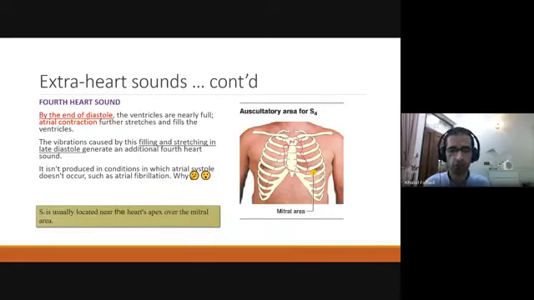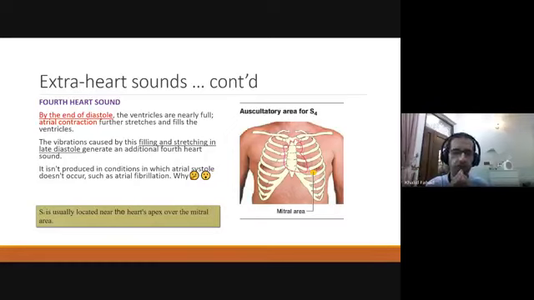For example, in a patient with long-standing hypertension, or with left ventricular hypertrophy resulting from hypertension or other diseases. The ventricle will be enormously hypertrophied and stiff, so atrial contraction, which causes vibration, and active filling of the left ventricle will produce this fourth heart sound.